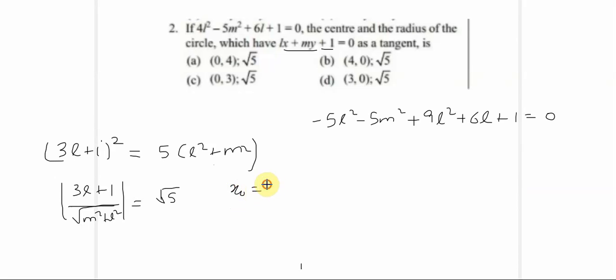That means x naught equal to 3, y naught equal to 0, and r is equal to root 5. So our circle is with center 3, 0 and radius root 5. Just checking. Yeah, I think it's fine. It's option D.